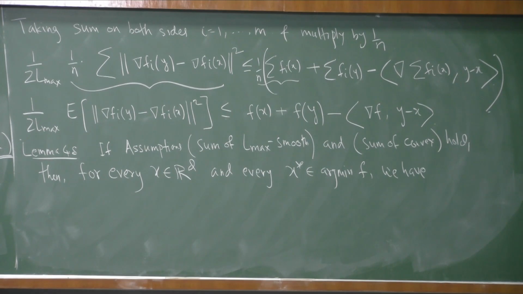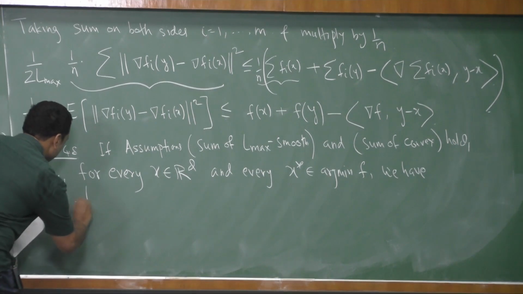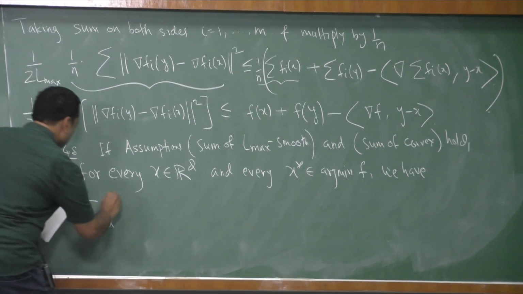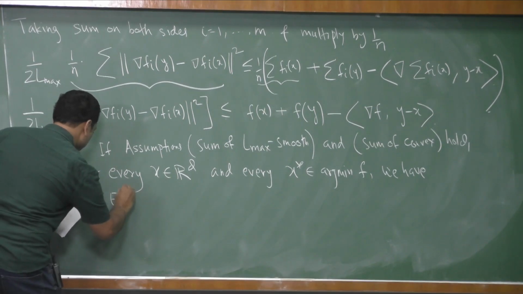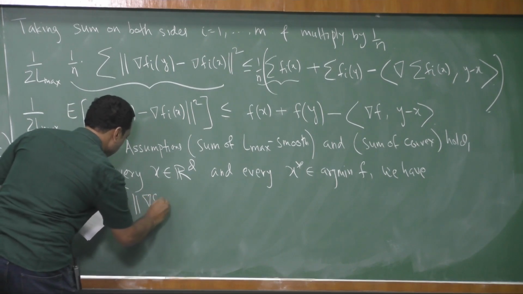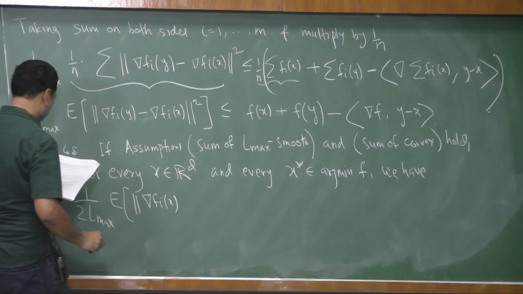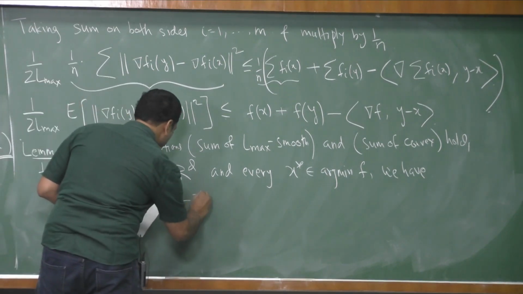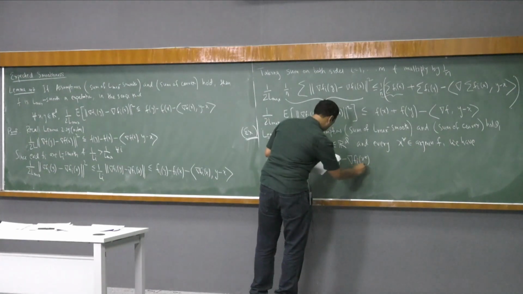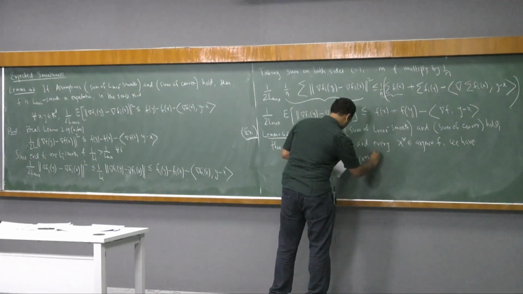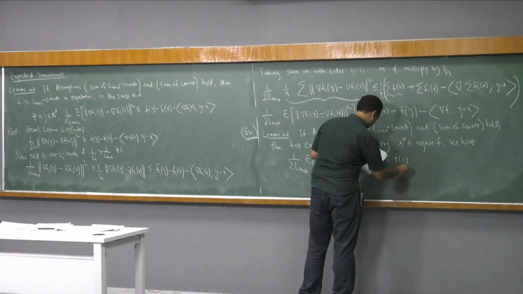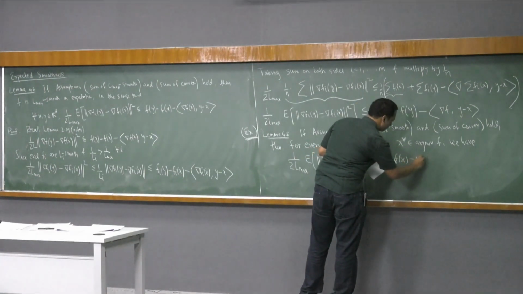So we have this result: 1 by 2L max times the expectation of the norm of gradient of Fi x minus gradient of Fi x star, norm squared, is less than equal to Fx minus infimum of f.